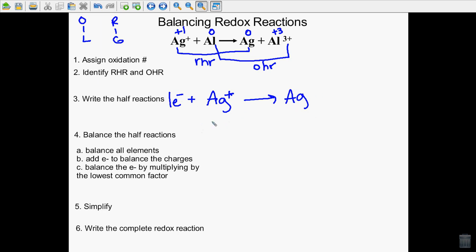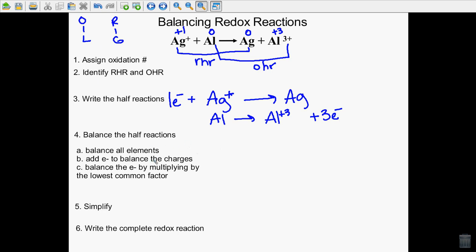And then we have aluminum. So aluminum goes from 0 to a +3. So to balance these electrons, I need to add 3 electrons over here. That way a +3 plus a -3 will equal 0. Same thing up here, a +1 plus a -1 will equal 0.